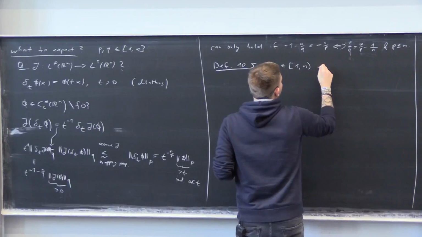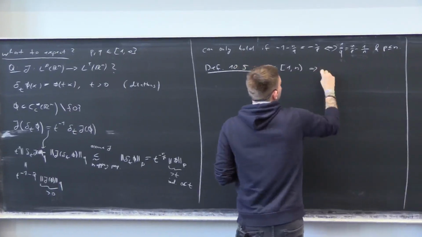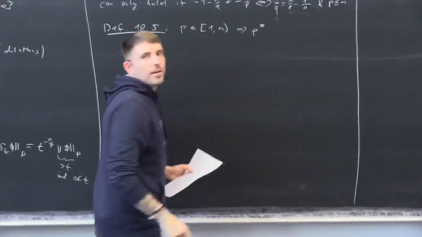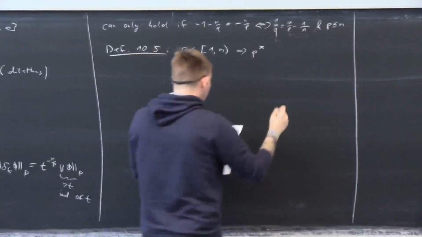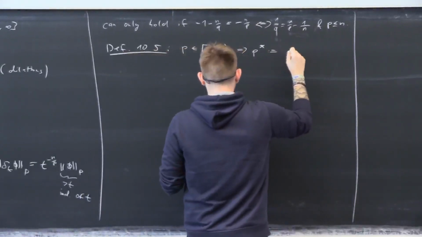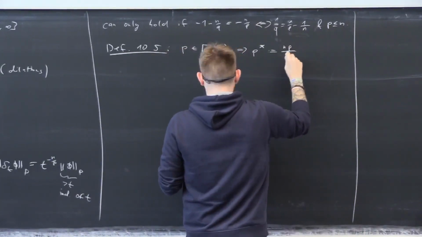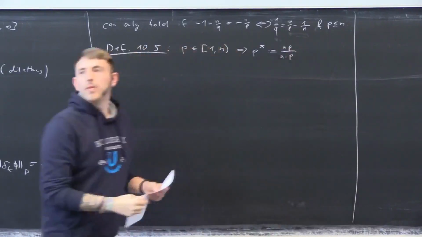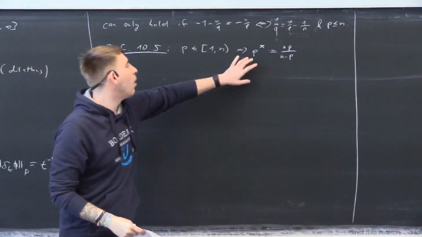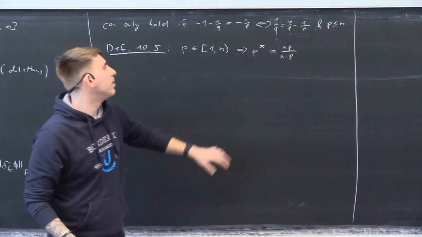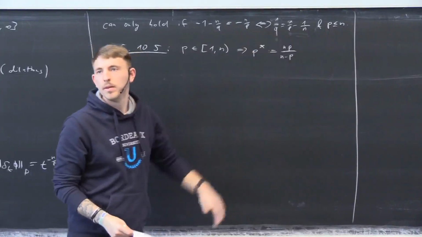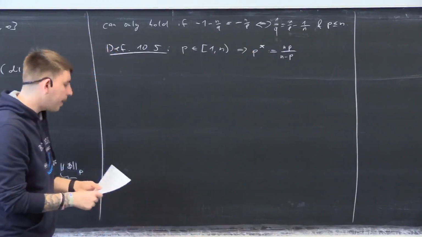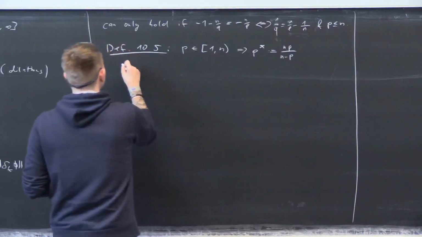And then we set a number P upper star via n times P over n minus P. And you will see that if you take 1 over P upper star, it will be exactly this number Q here. Okay, so this is the Sobolev conjugate of P.